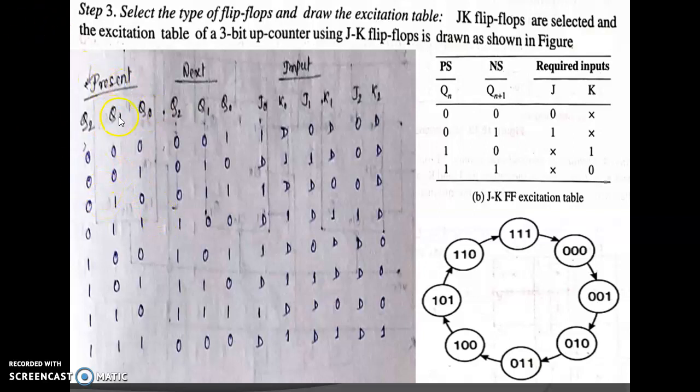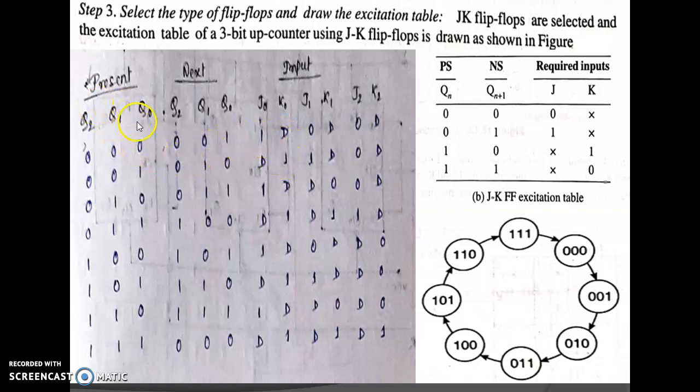So this is the present state Q0 and this is the next state Q0. At first, present state Q0 value is 0 and next state Q0 value is 1. Go to the truth table, present state value 0, next state value 1, this time J value 1 and K value cross. So J value 1, K value cross or D.